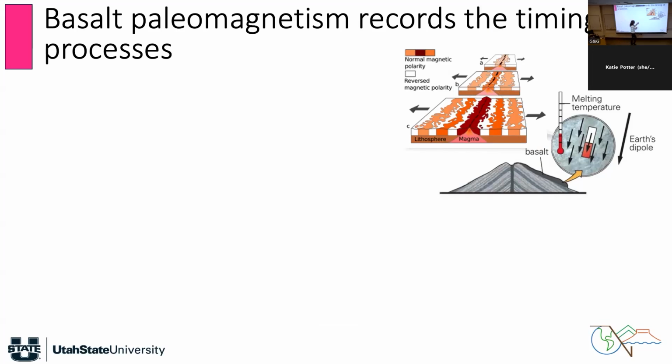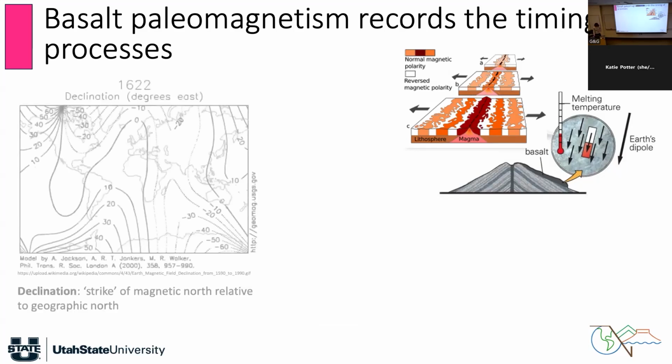And they're a product of the alignment of iron-rich minerals crystallizing out of lavas. These iron-rich minerals, as they're cooling, align with Earth's dipole and record the magnetic field in the location where they crystallize. So there's two kind of areas of paleomagnetism that are useful for us when we look at basalts.